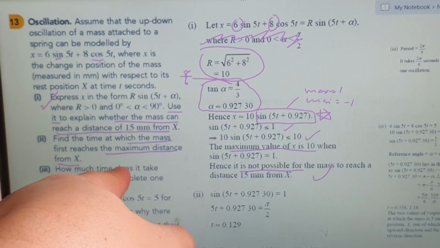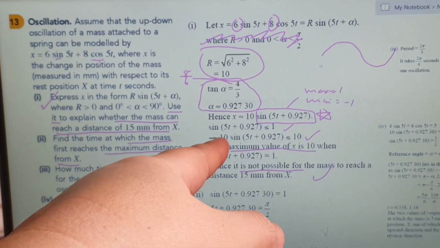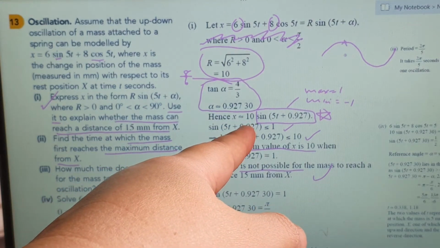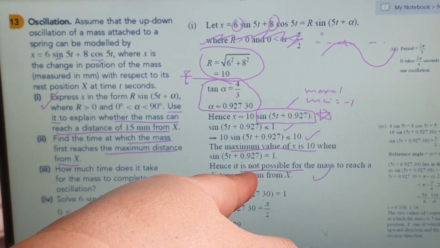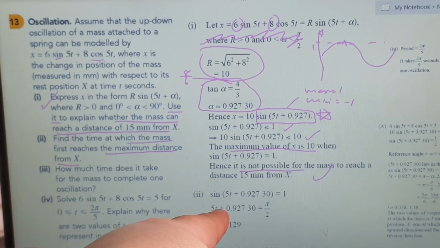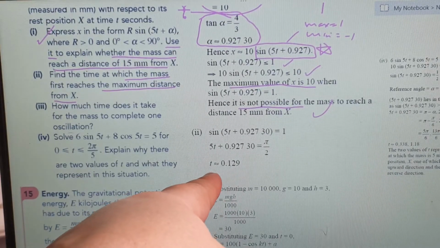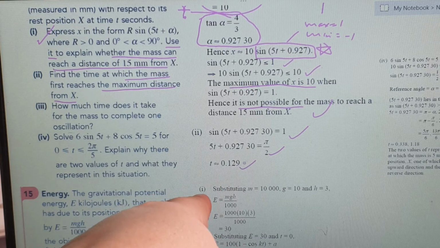Because maximum, they're asking you when you will reach the maximum here. Isn't maximum 1? So you set it to 1, and then you go find the answer. That's all. Okay, so that's it.